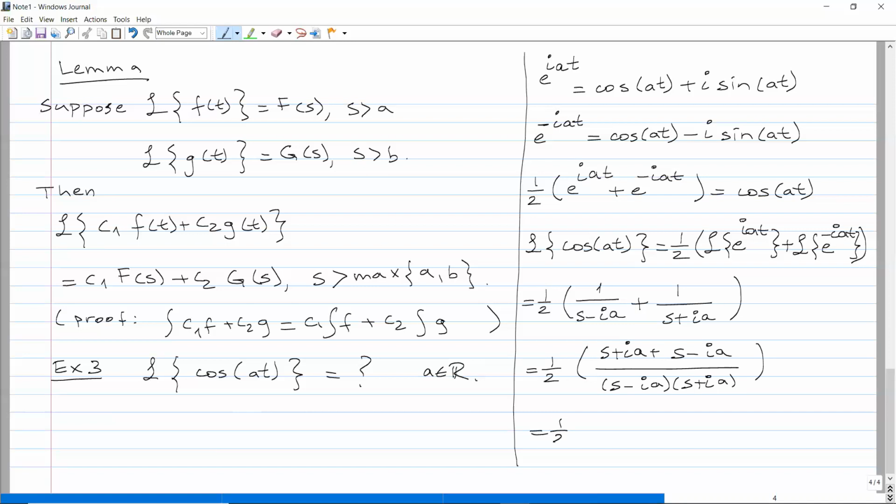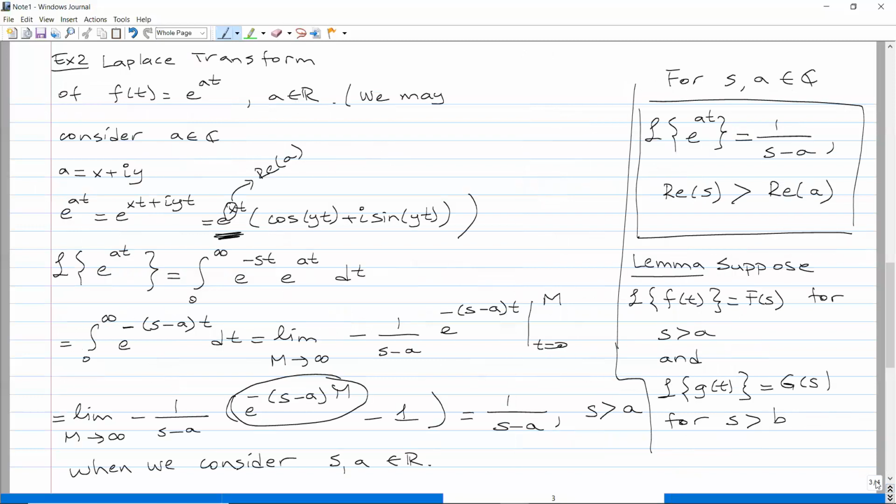So one half of 2s divided by s squared minus i squared a squared; i squared is minus 1, so this becomes plus a squared. If you cancel the 2, s over s squared plus a squared. Now, for which s is it true? Let's remember the condition: the real part of s should be greater than the real part of the coefficient of t.